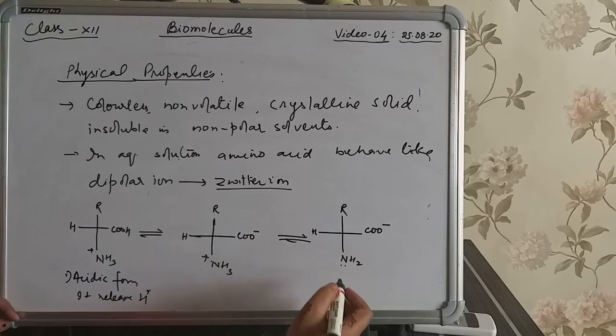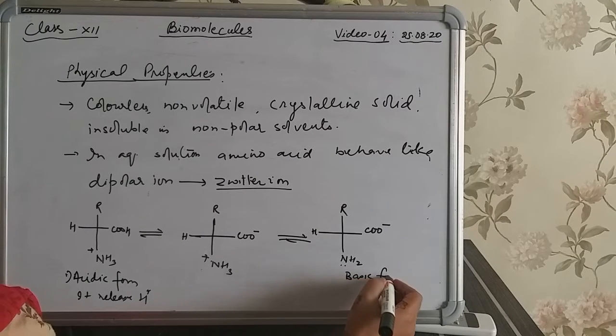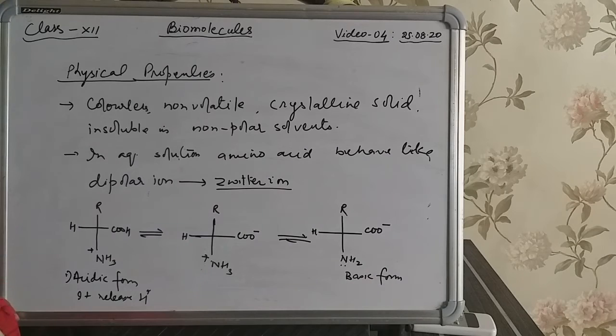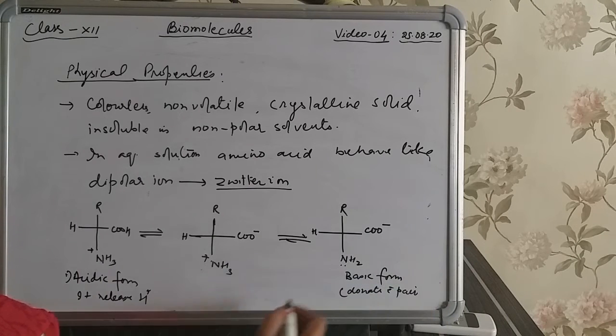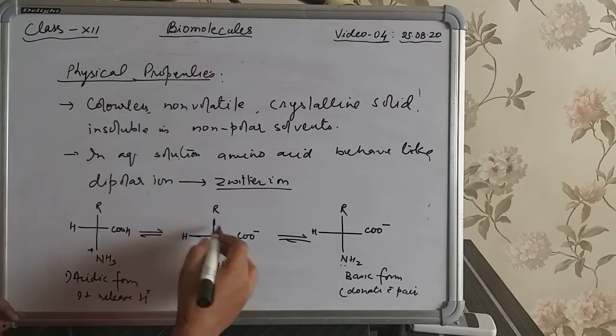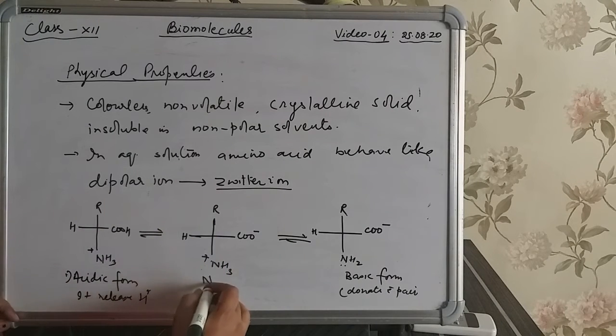And it is the basic form because here a lone pair is present, so it is called the basic form because it has tendency to donate electron pair, and this form is called the neutral form. Why?